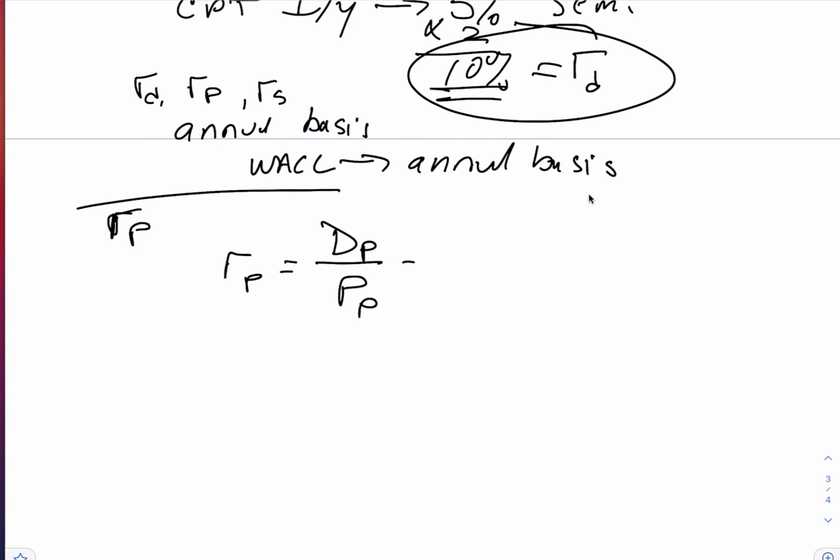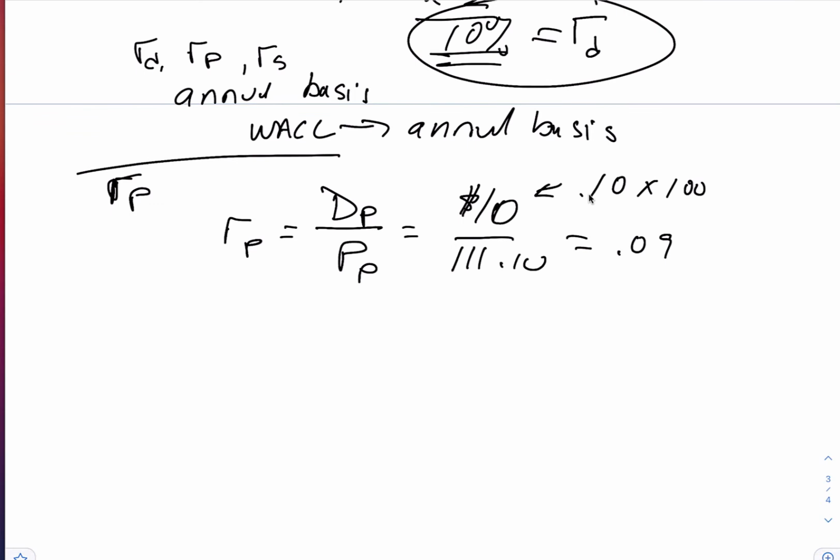This is going to be $10 because it's 10% of $100 par. So the dividend per year is $10. The price is $111.10. And so the cost of preferred stock is 9% annually. And this dividend yield is on an annual basis.